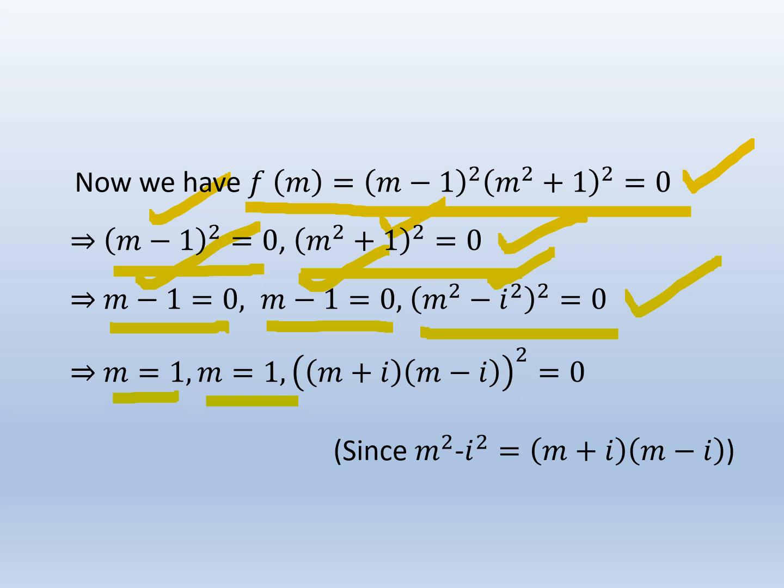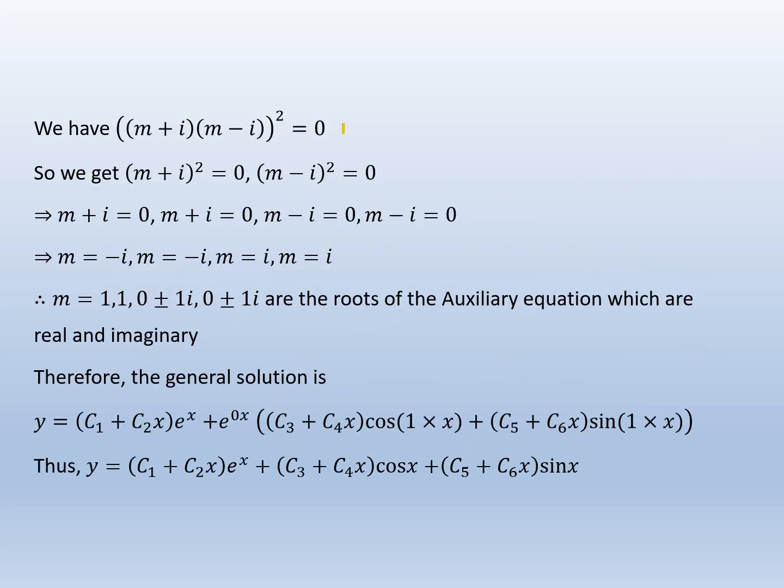Now, (m^2 - i^2)^2 = 0 can be written as ((m + i)(m - i))^2 = 0, since m^2 - i^2 = (m + i)(m - i).